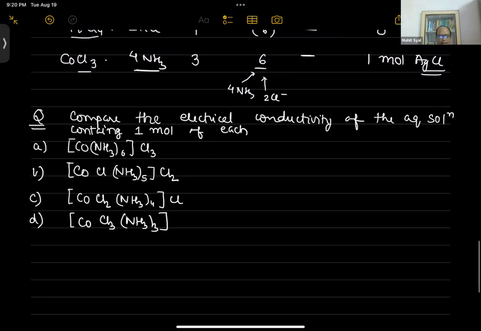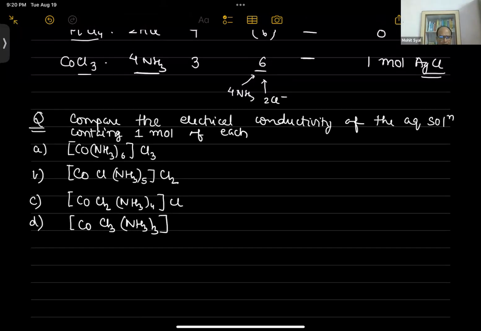Who is going to decide the electrical conductivity? Electricity gets conducted by means of ions, right? So if you have more ions, more electrical conductivity. Got it? More charge, more electrical conductivity.